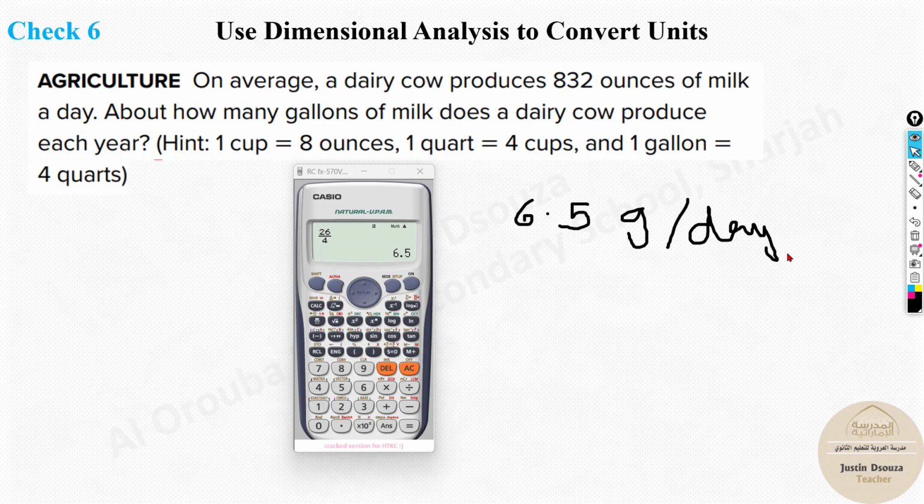But you don't want per day, you need per year, each year. So now imagine you're saving 10 dirhams each day. So one day you will have 10 dirhams, 2 days you will have 20 dirhams. After 1 month, after 30 days, you're gonna have 300 dirhams. After 1 year, you're gonna have a lot of dirhams.